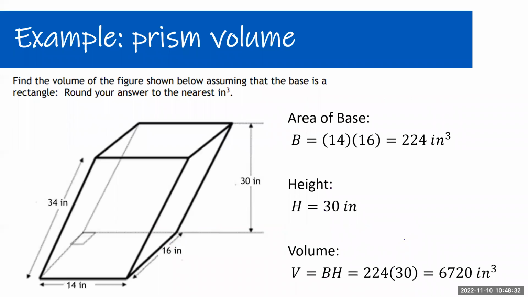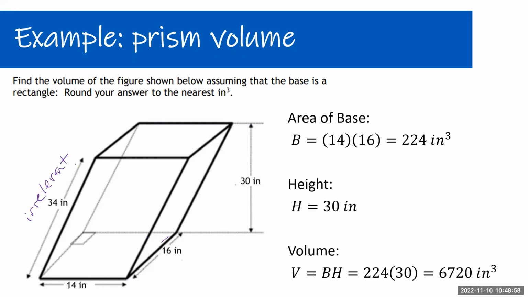Let's look at an example. We want to find the volume of this prism, okay? We're going to note that the base is a rectangle, because we have a right angle there. It doesn't look like it because 3D drawings are weird, but we're going to have 14 inches and 16 inches on our base, okay? And the height here is 30 inches. This 34 inches here is irrelevant, okay?